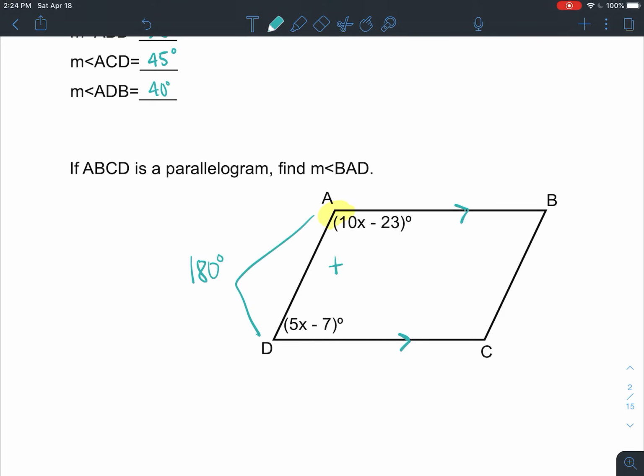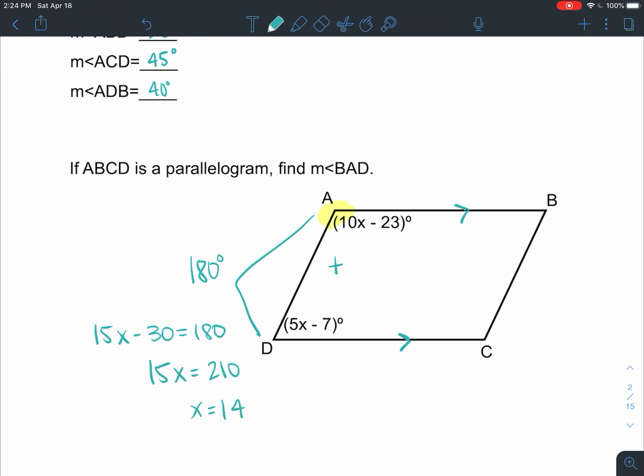So if I add those two together, 10x and 5x gives me 15x, and negative 23 minus 7 more gives me negative 30, equal to 180 degrees. 15x is going to be equal to 210, and if I do 210 divided by 15, that gives me an x value of 14.